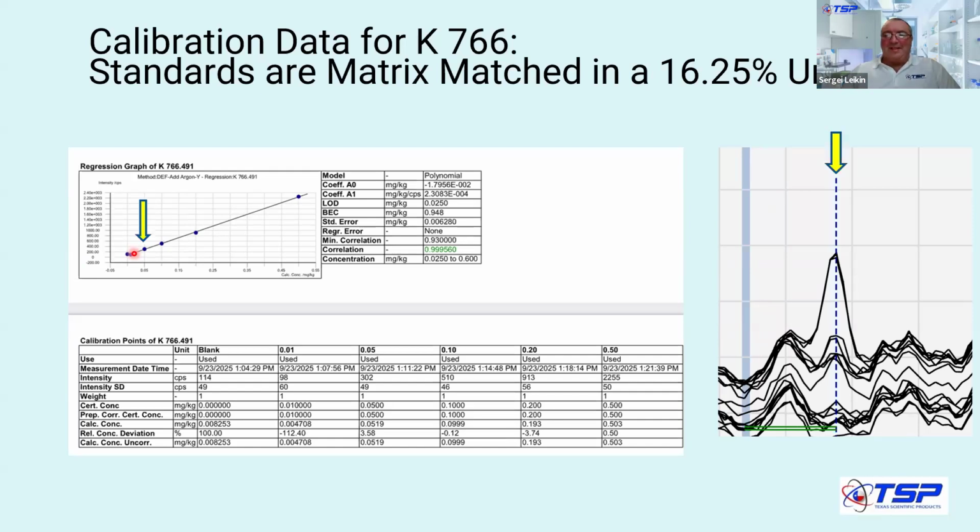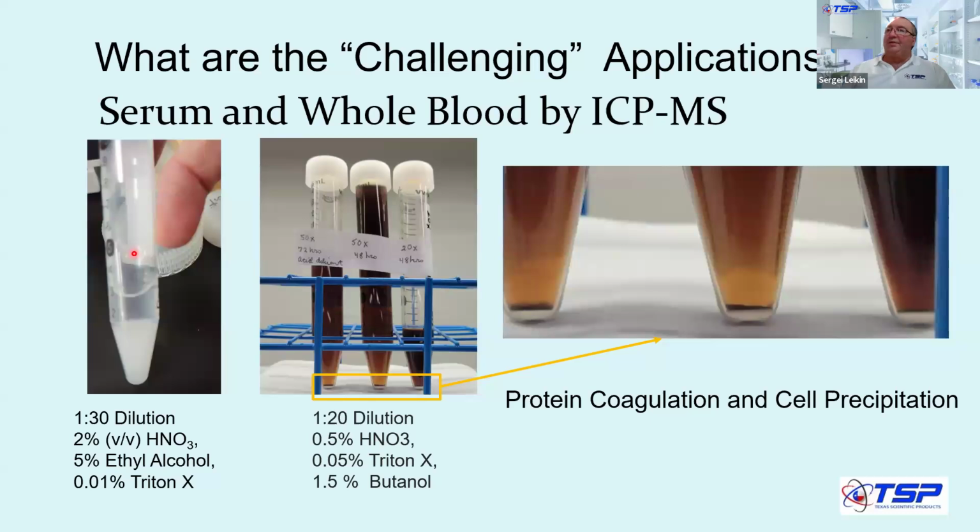Okay. All right. Now, the next application that I wanted to bring up is clinical analysis by ICP-MS. Why is that? In clinical samples like blood or serum, protein coagulation happens and cells precipitate, and they form this precipitate right here.